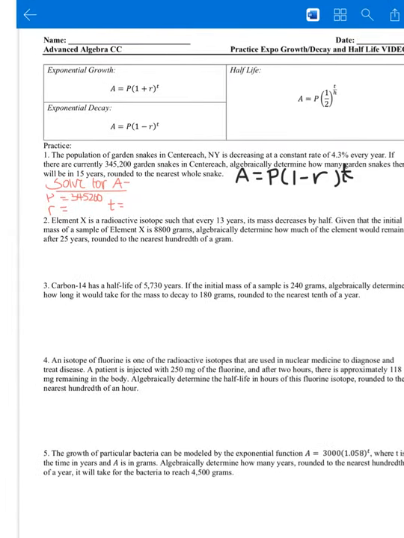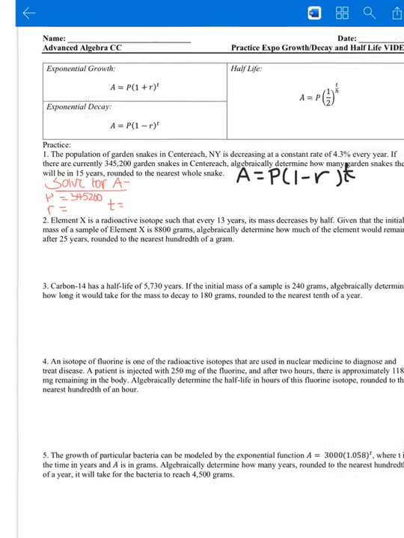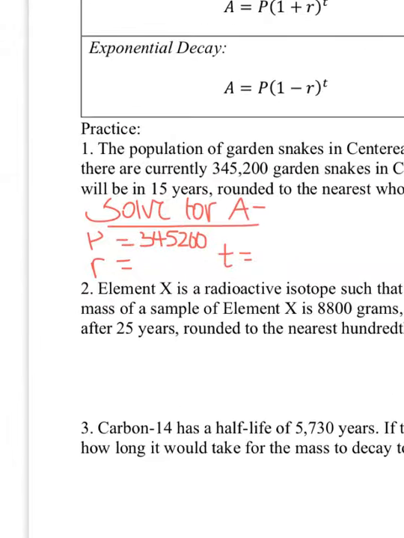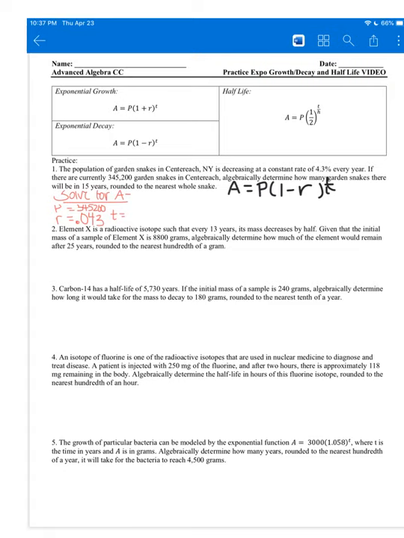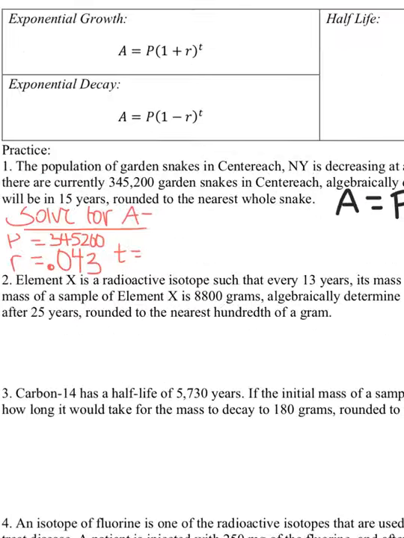It's decreasing at a constant rate of 4.3%. Remember, whenever you're plugging in for the rate, you move that decimal over 2 times to the left if it gives it to you as a percentage. So 4.3% is really 0.043. And the time, we want to know how many snakes there will be in 15 years. So T is 15.